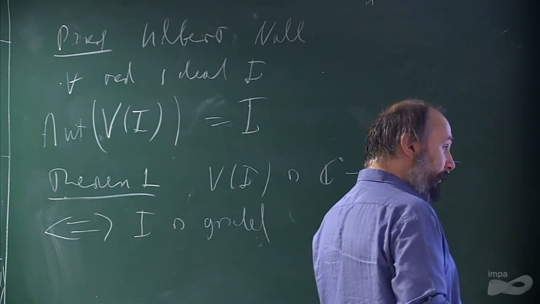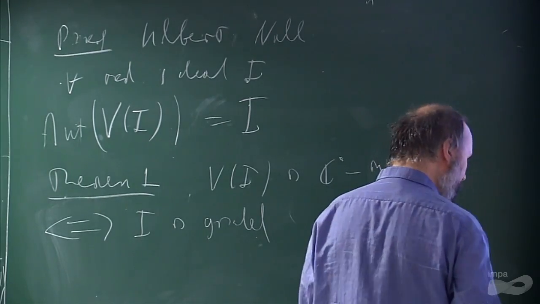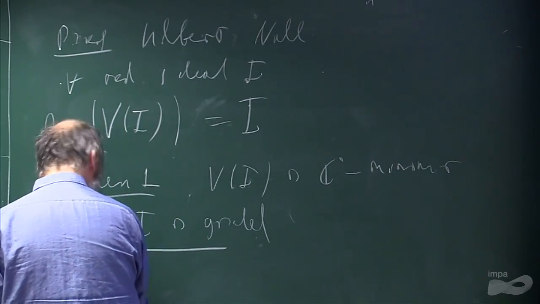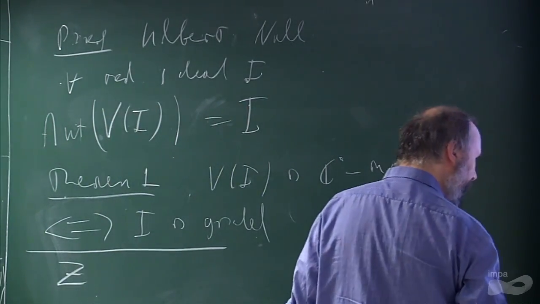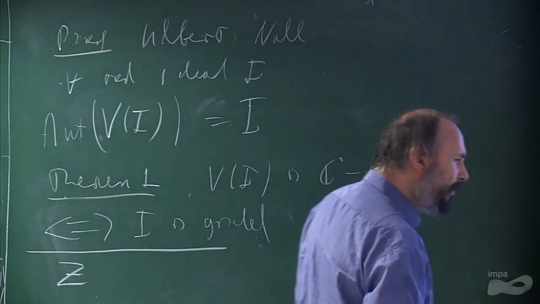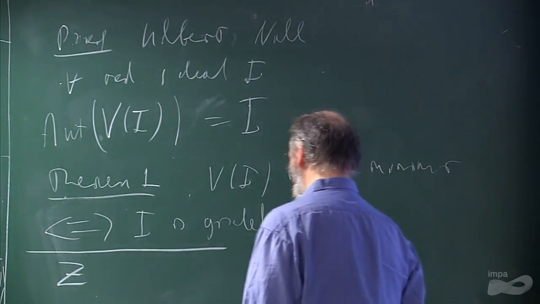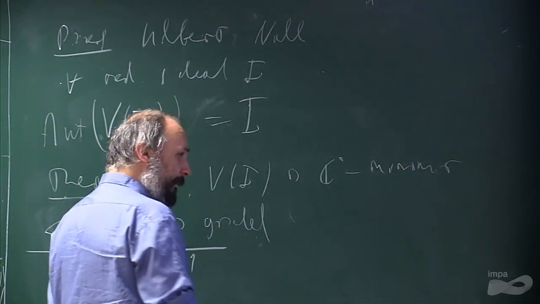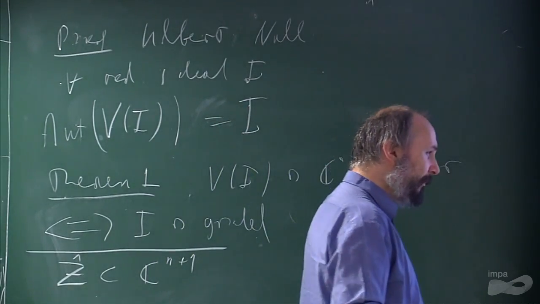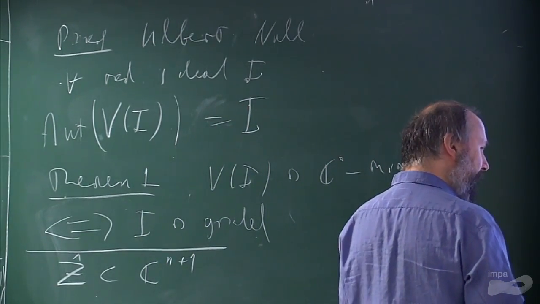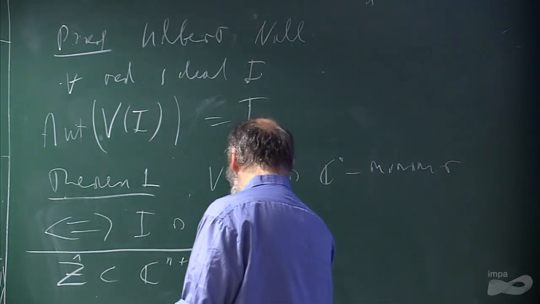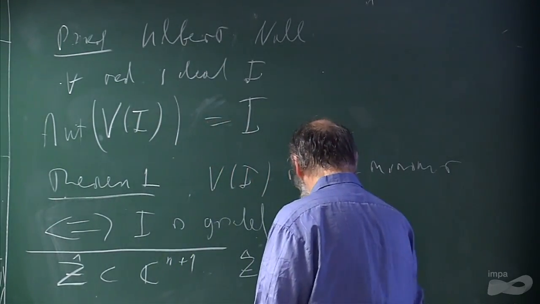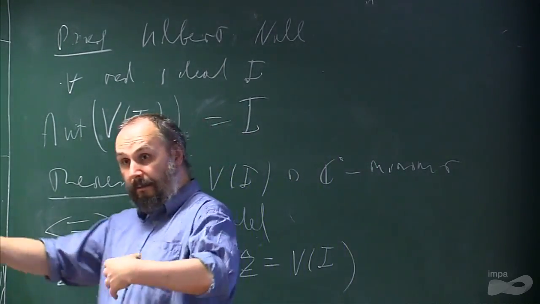Okay, now you have the set, take a set Z hat inside C^(n+1), where Z hat is V of I. This is an invariant set.